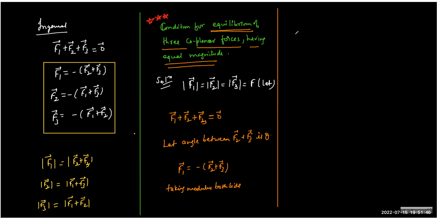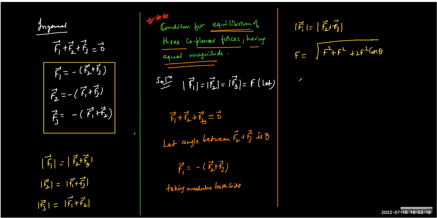Mod of f1 is mod of f2 plus f3. And we know the formula for the resultant of two vectors, isn't it? So what is the mod of f1? F. And what is this value? Under root of a square plus b square plus 2ab cos theta. Am I right, guys? Yes, sir.